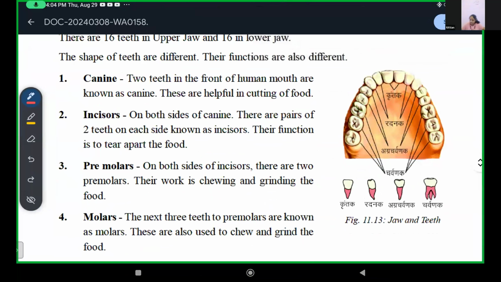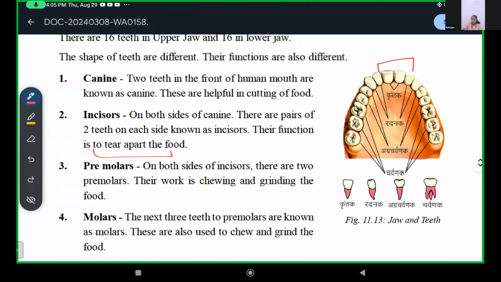The front teeth, the canines, are used to cut the food or tear into the food. Then incisors too, to tear apart the food.